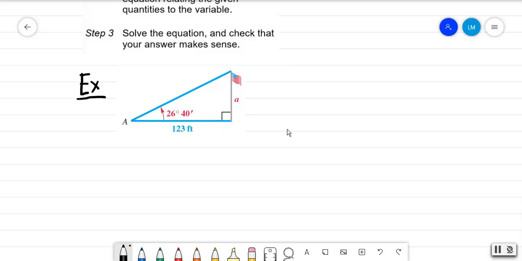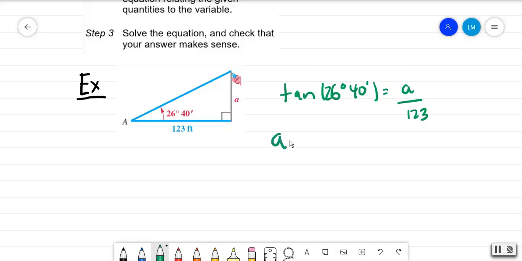With that, we know that you have the angle, you have the opposite, and you have the adjacent. So tangent of 26 degrees and 40 minutes is equal to A over 123. What this means is that A symbolically has to be equal to 123 multiplied by tangent of 26 degrees and 40 minutes.